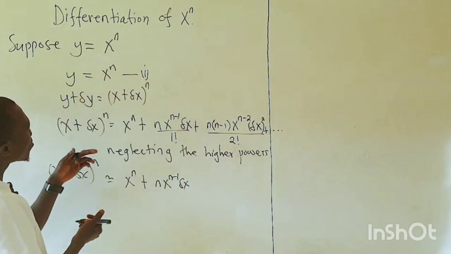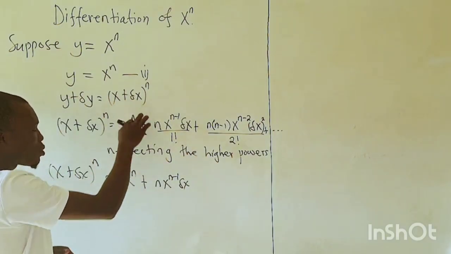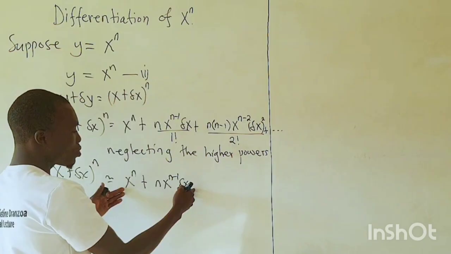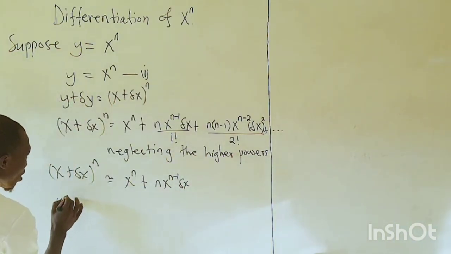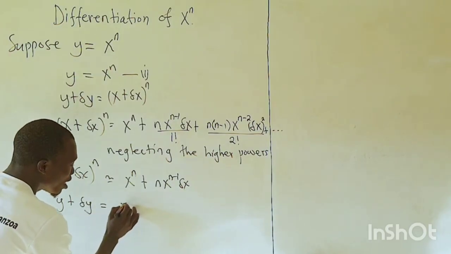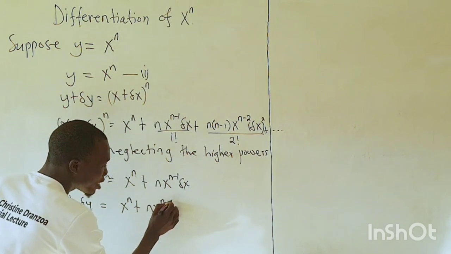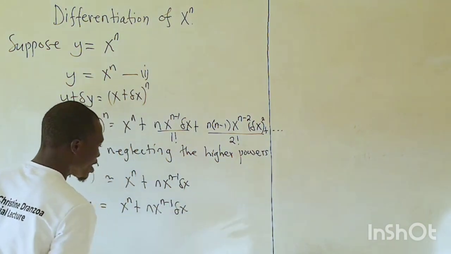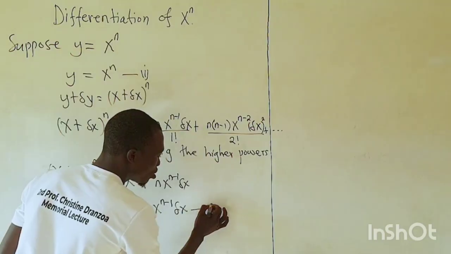So for what we have on the right hand side, we shall replace it with what we have here. So this equation will become y plus delta y is equal to x^n plus n x^(n-1) delta x. This equation will become our equation 2.